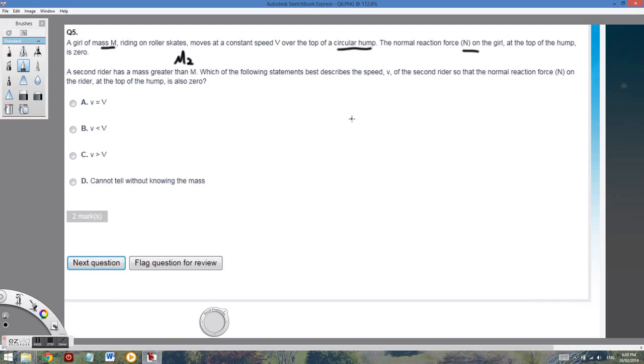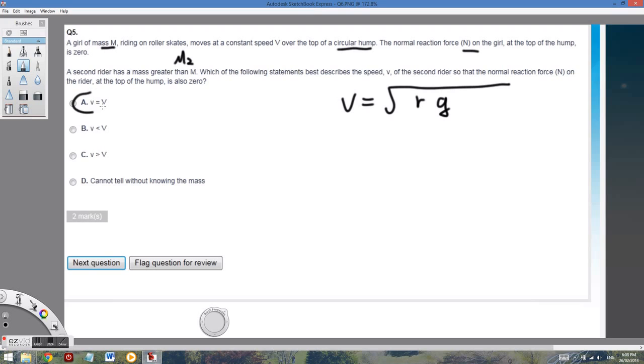It's a multiple choice question, but from the derived equation, the minimum speed when it flies away, for the normal force to be 0, is the square root of r times gravity. So mass is not a factor. It doesn't matter how heavy it is.